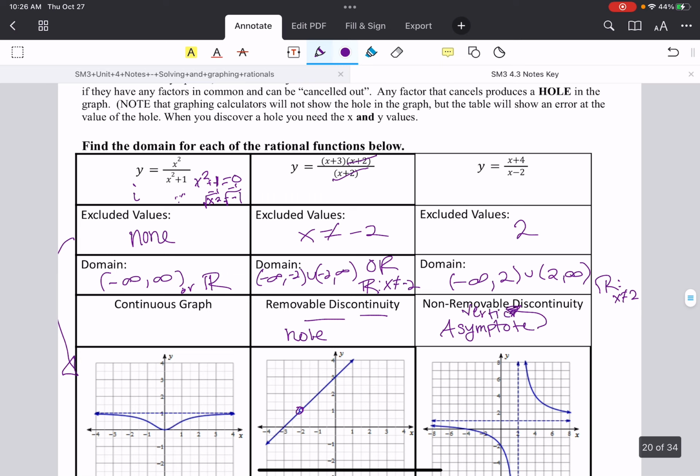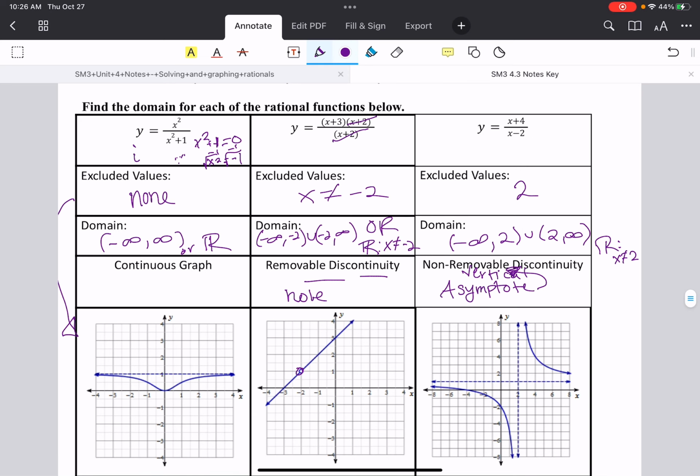Horizontal asymptotes are not discontinuities, right? Careful. That is correct. Why do you have a U between the domain intervals? Because it means union, that they go together and define the whole thing. It's like the math symbol for and.